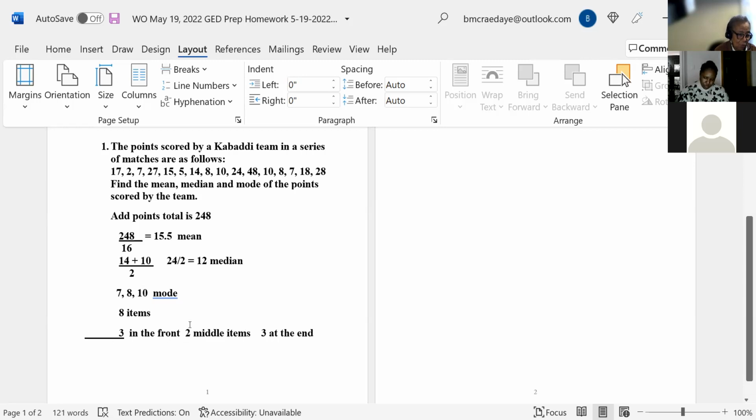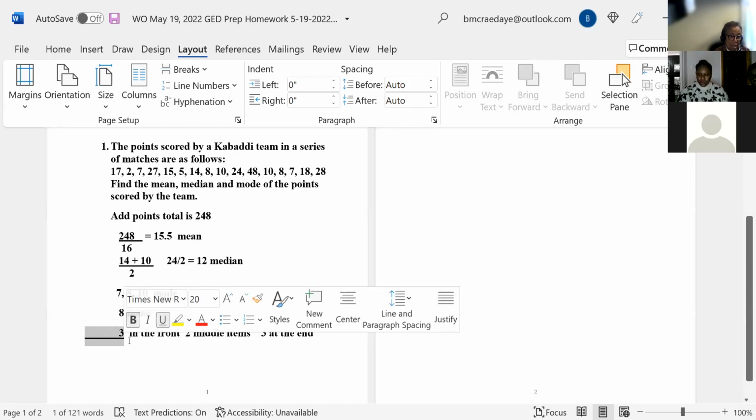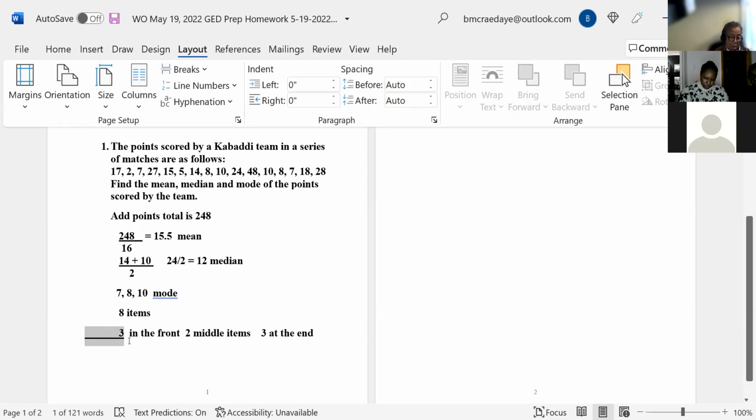And those 2 middle items are the ones you add up and get an average. So anytime you have an even number, you have 2 items in the middle. So for 8 items, 3 in the front, 3 at the end, 2 in the middle. So for these 16 items, Michelle, how many were in the front once you got them in order?